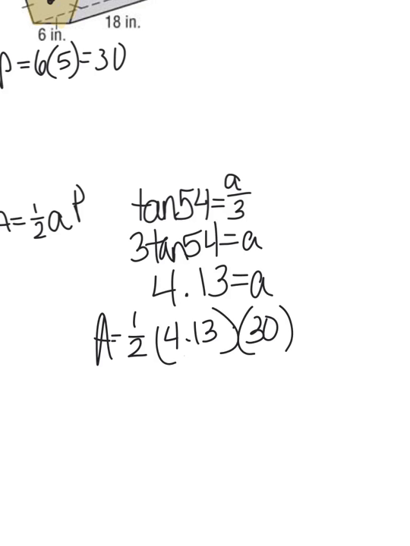So 1/2 times 4.13 times 30, we'll round to the 10th place. The area of this shape is 61.9. And I'll do the labeling of my final answer. But I'm going to go up to my picture and I'm going to put area equals 61.9. I have the work there for it.